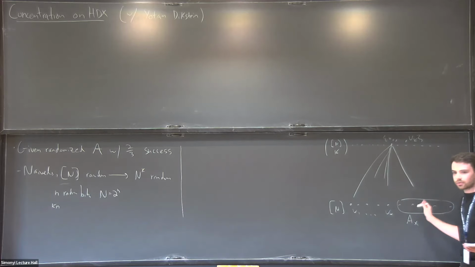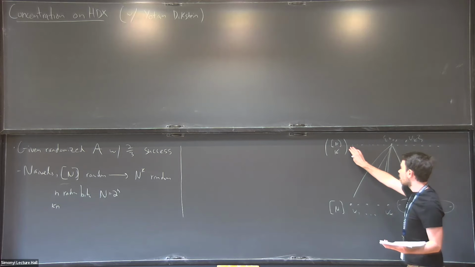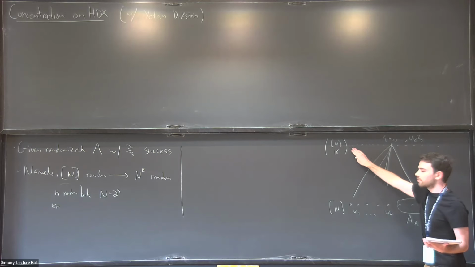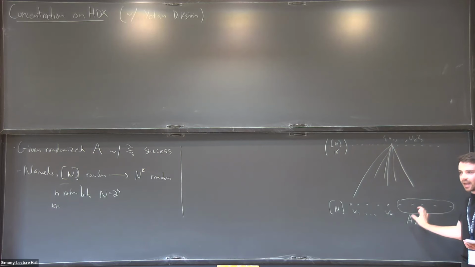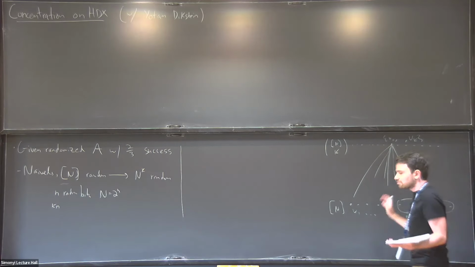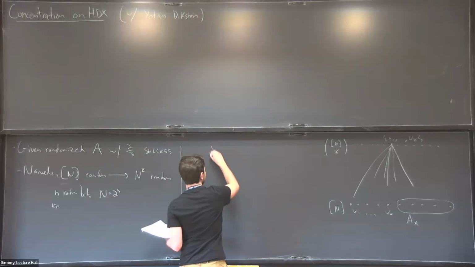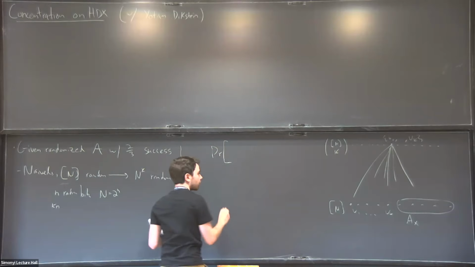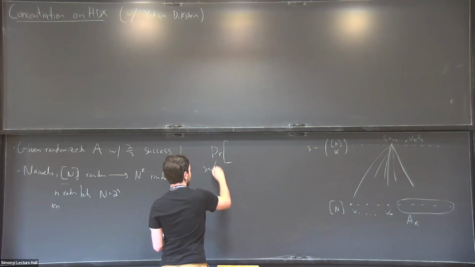In this case it's about 2/3 size, but imagine it's any set. The property is that when I draw a random k-tuple, a random vertex from this side of the bipartite graph, and look at the fraction of edges that hit the successful set A, it should be close to the mean with really high probability. A random vertex here should sample this set very well. And this is Chernoff's bound, or Chernoff-Hoeffding. So here's the actual property I'm using: the probability over S drawn from n choose k.